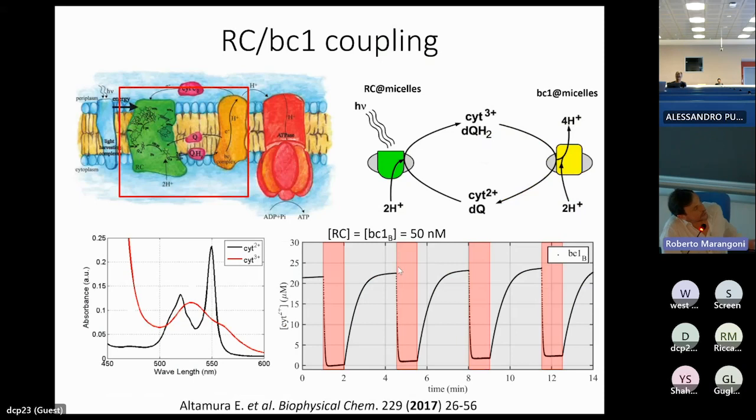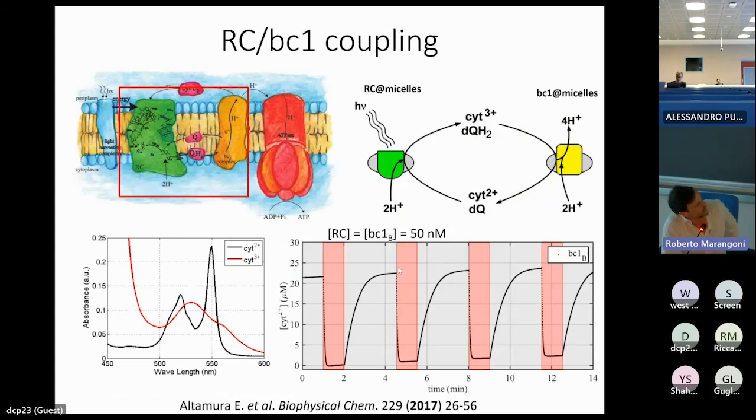So we tried to couple the second enzyme, not in a membrane, but in a free solution of micelles. And we can see that these two enzymes can work together in a photocycle. Here you can see the waves of this compound, the reduced cytochrome.